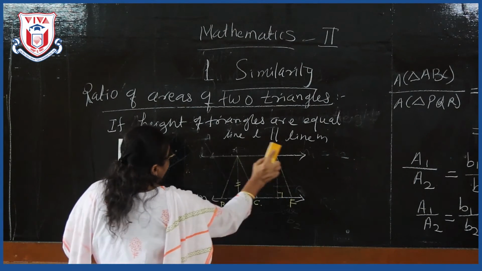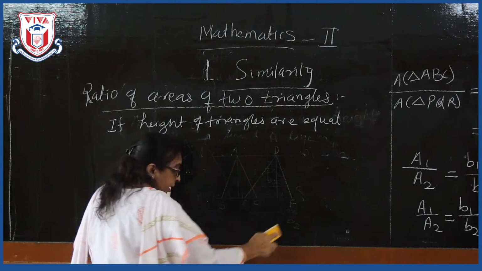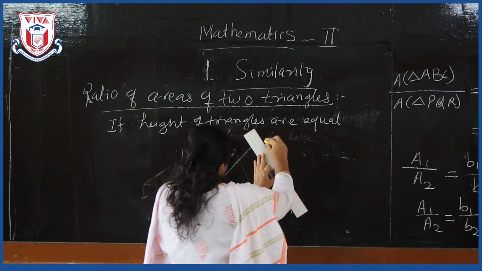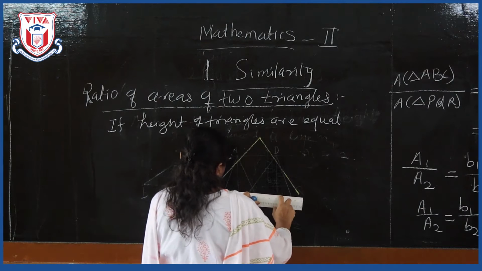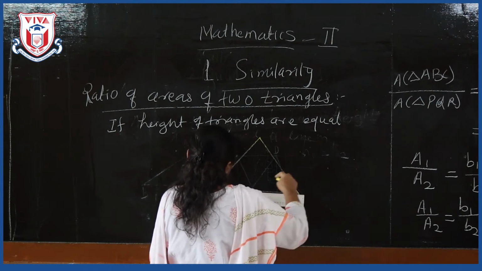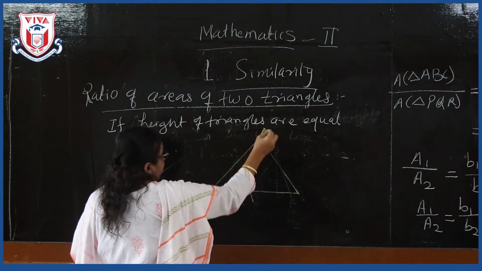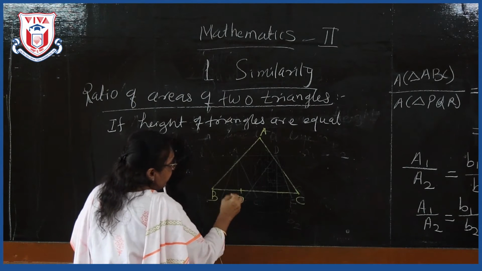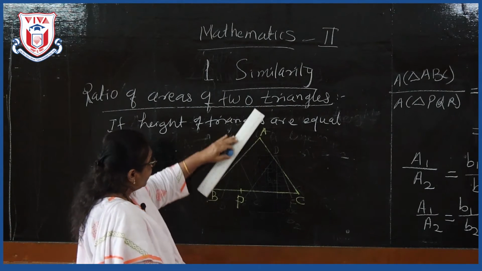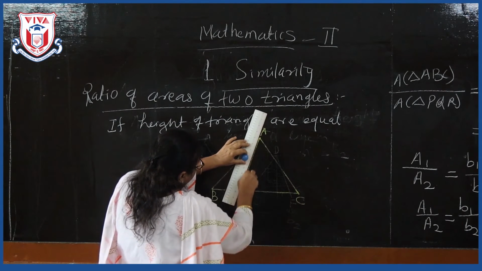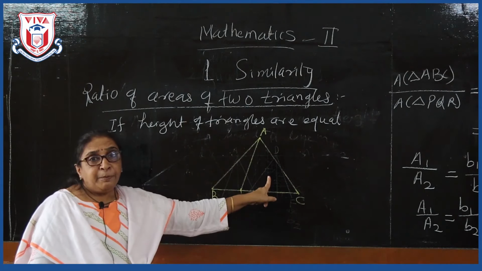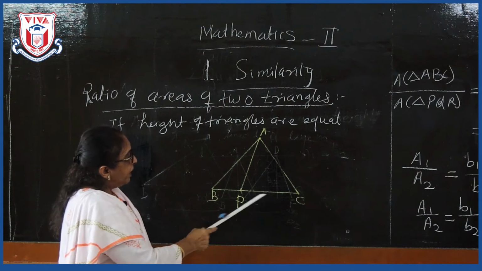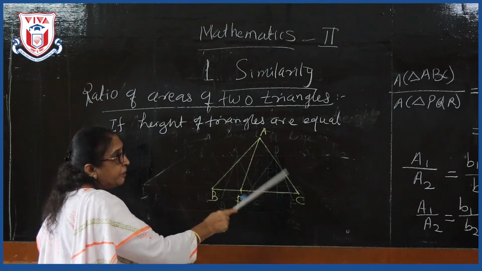Also, in another type of figure, whenever the triangles are adjacent, for example, triangle ABC, suppose P is any point on base BC, and if you join this AP, you can describe here three triangles: triangle ABP, triangle APC and triangle ABC.